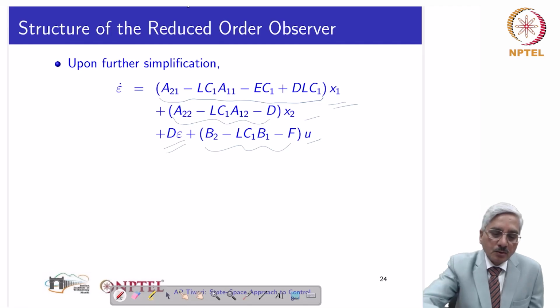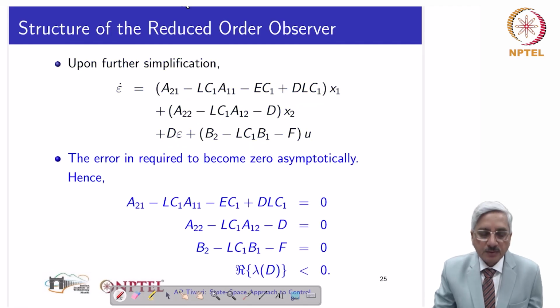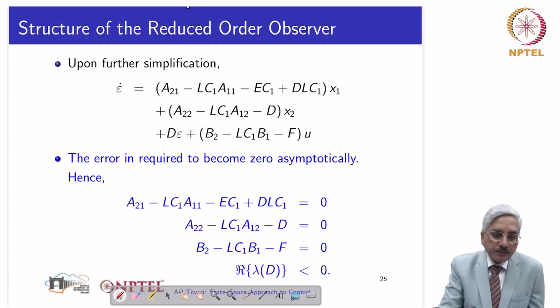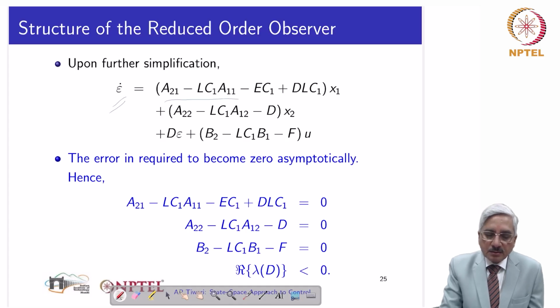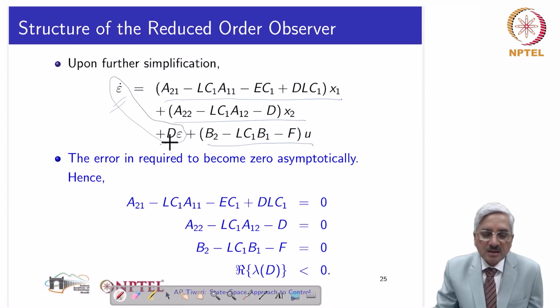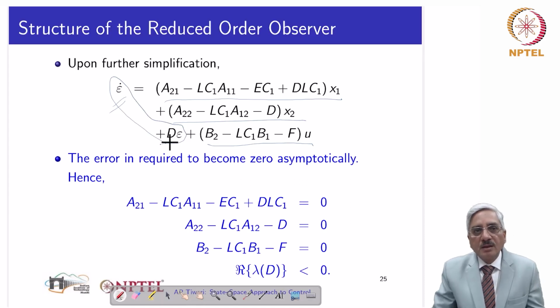Now, very similar to what we considered for the full order observer, if this state estimation error has to become zero asymptotically, then this term should vanish, this term should vanish, this term should vanish, and the remaining xi dot equal to D xi, this autonomous system, should be asymptotically stable. Then the error epsilon dot will go to zero asymptotically.